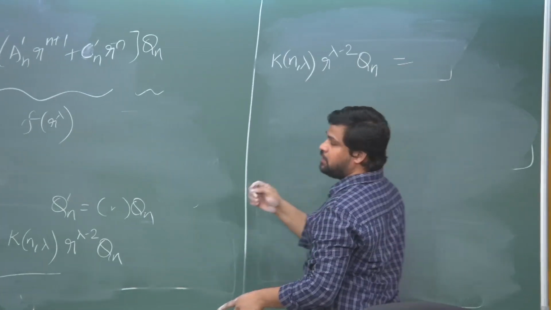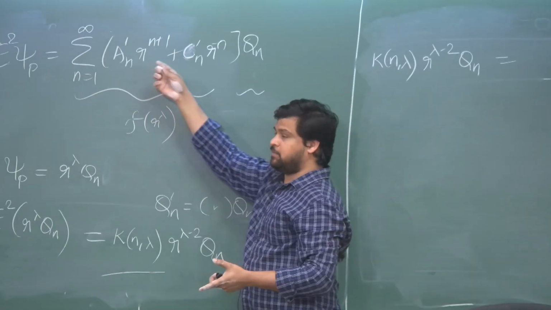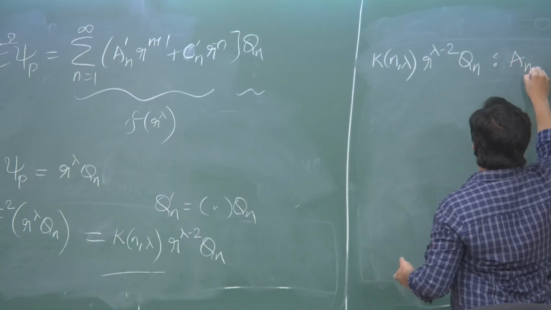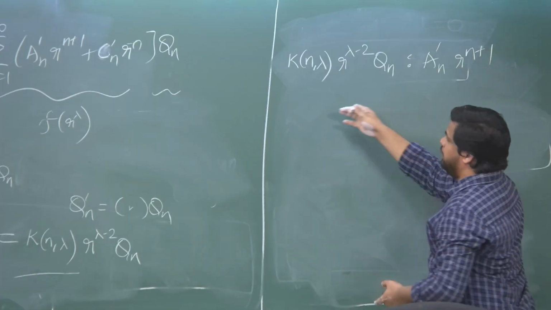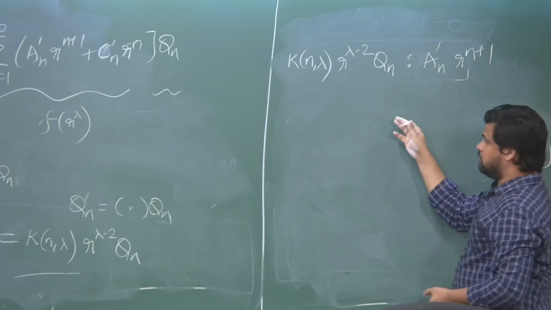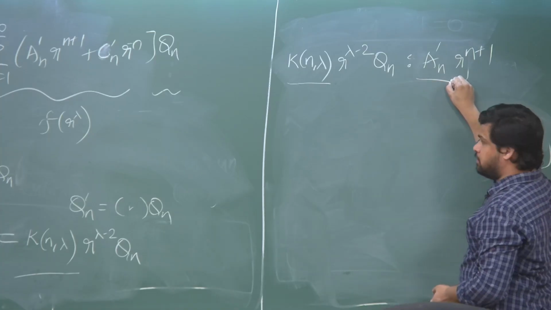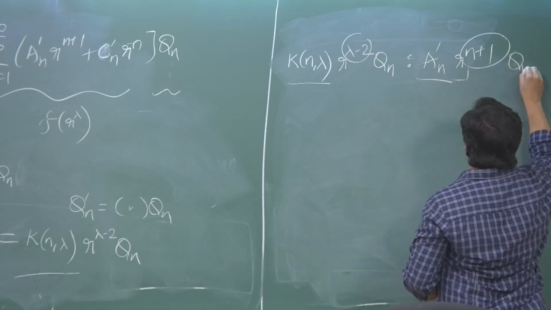I am considering a single term contribution, so first I am considering this term. When these two terms are equal, this should be an dash and the powers should be equal, right?